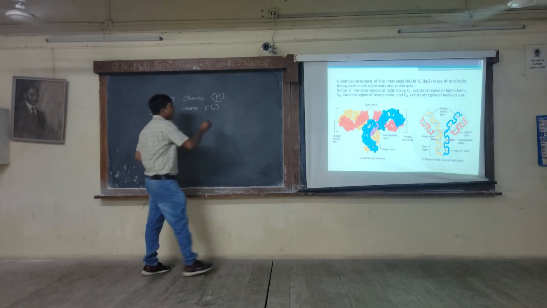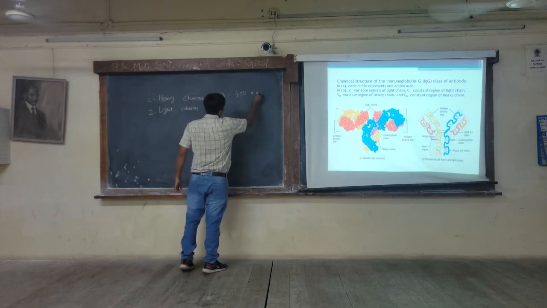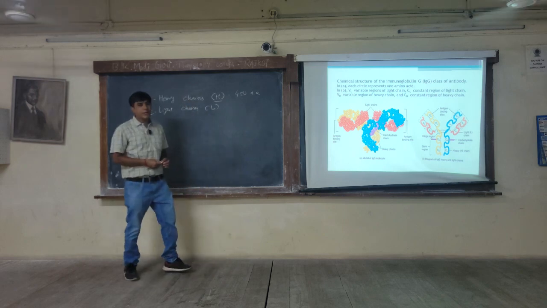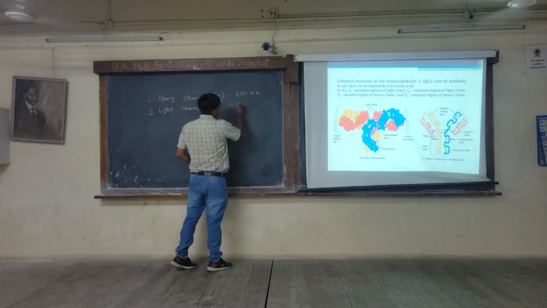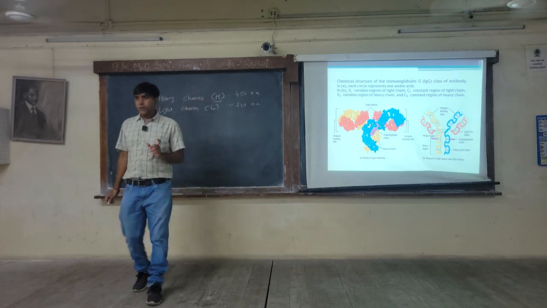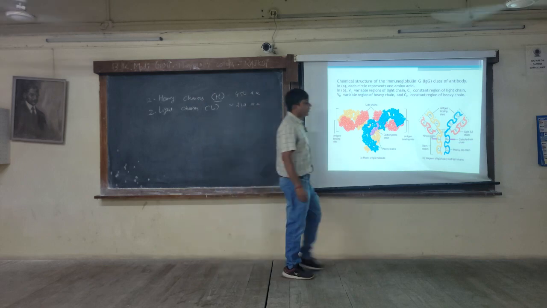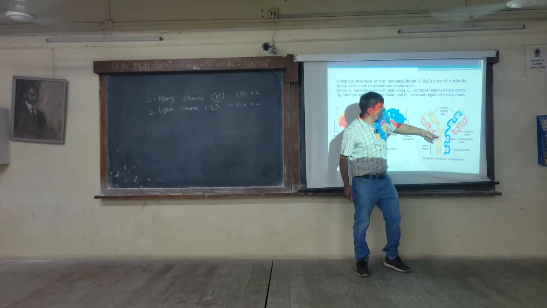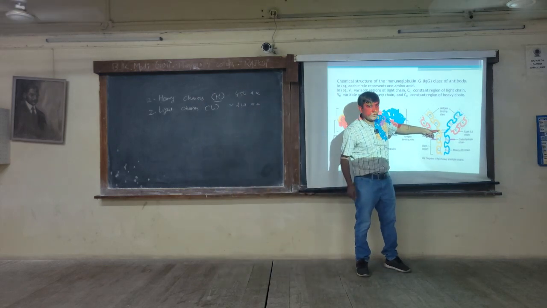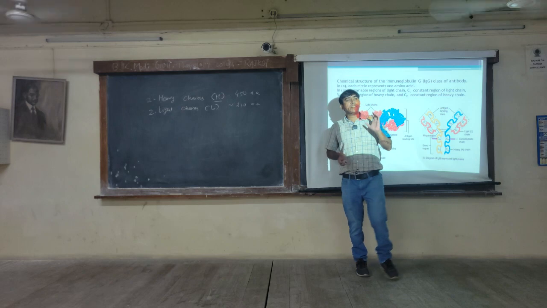These heavy chains, they contain approximately 450 amino acids, while the light chains, they contain nearly 230 amino acids. Two heavy chains are joined together through 1 to 2 disulfide bonds. These are disulfide bonds. There are two disulfide bonds present over here. Okay, so two heavy chains are joined together through a disulfide bond.